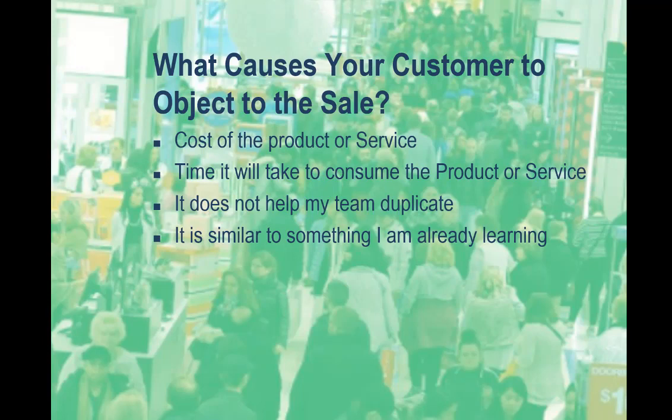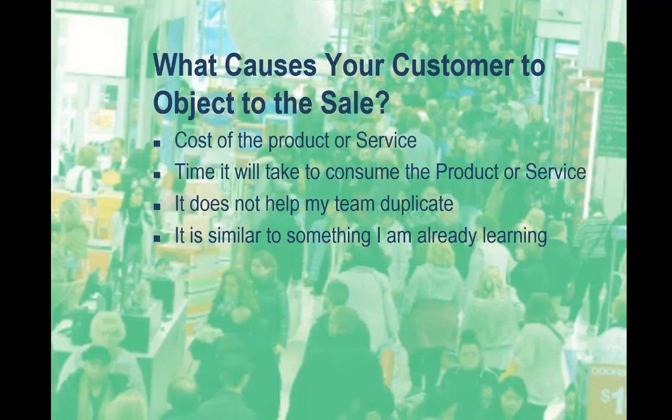Okay, what causes your customer to object to the sale? Usually, for a network marketer, it's the cost of the product or the service. They'll say that the time it'll take to consume the product or the service would be too long. In my case, it's online education, so maybe they're not willing to commit to their education on an ongoing basis.